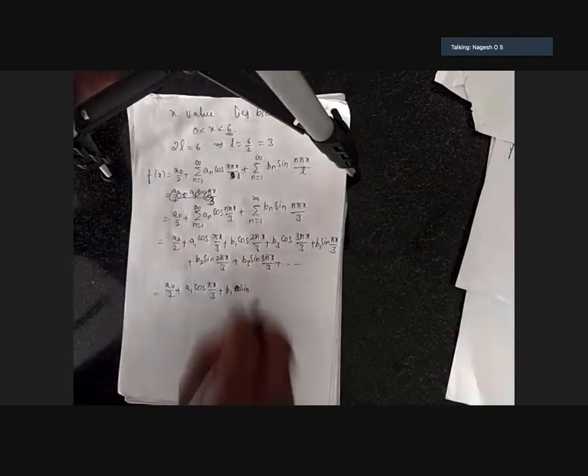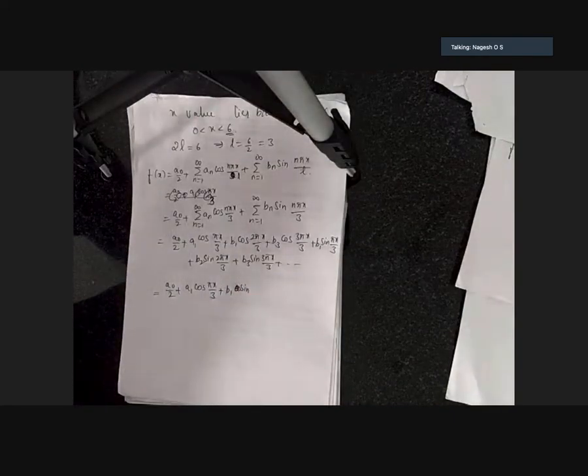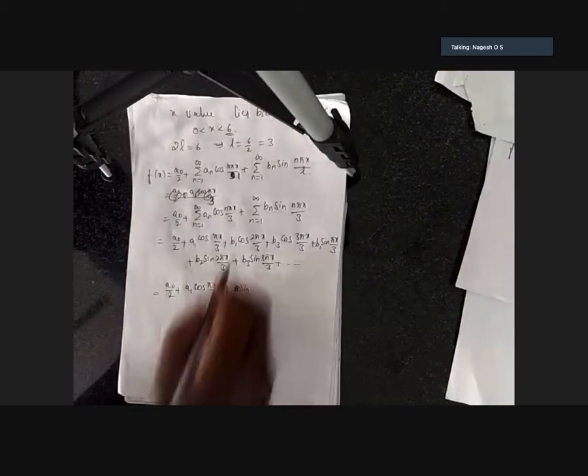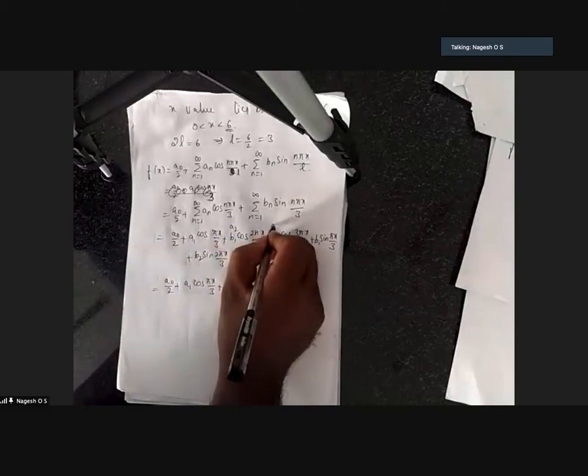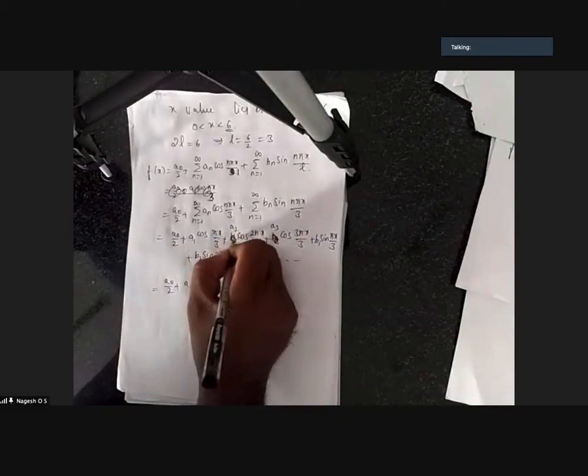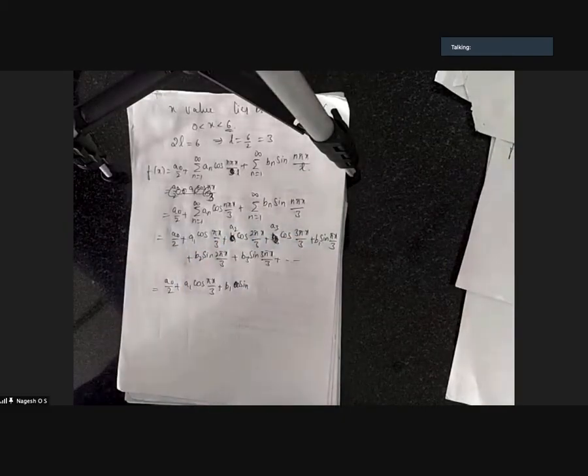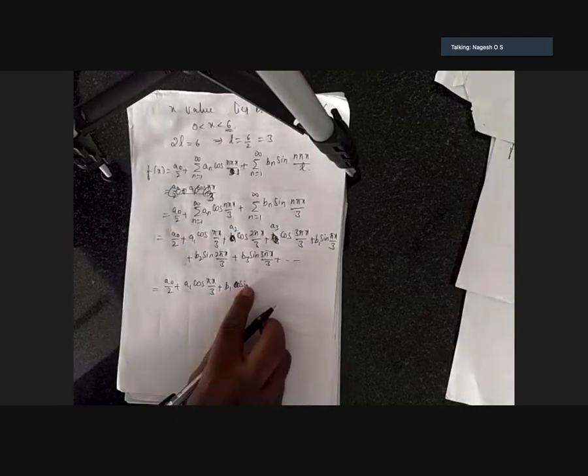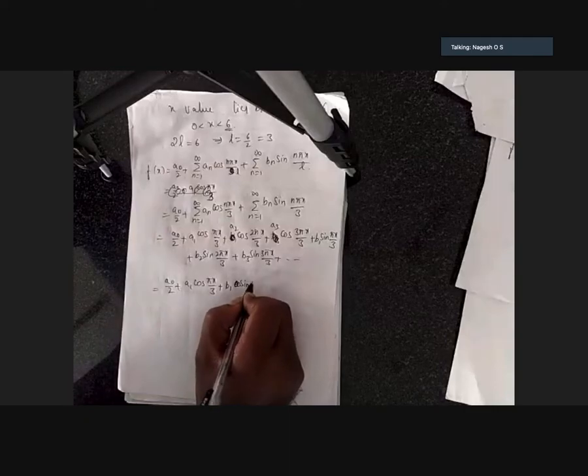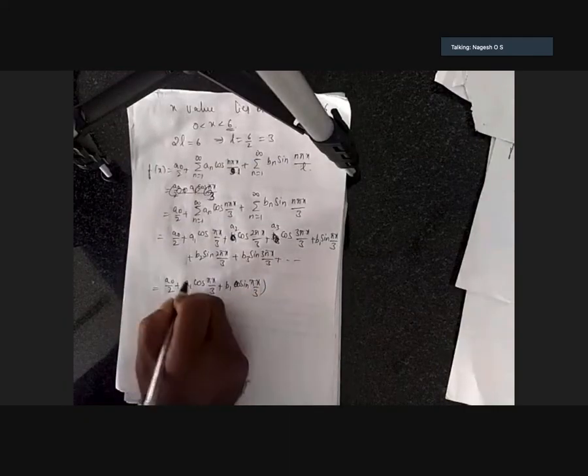A1 cos pi x by 3 plus b1 sin pi x by 3. This is the first harmonic.